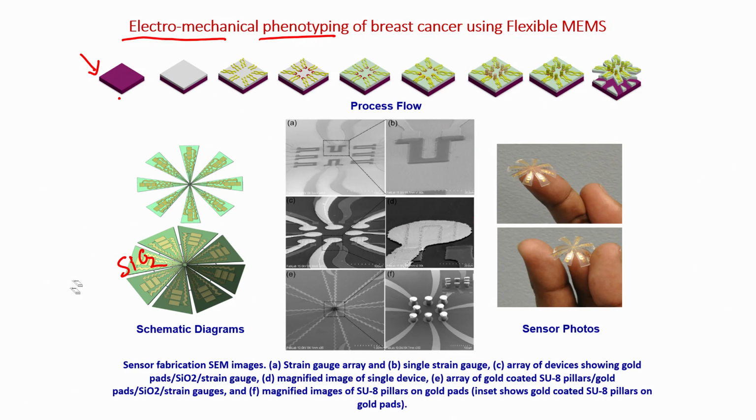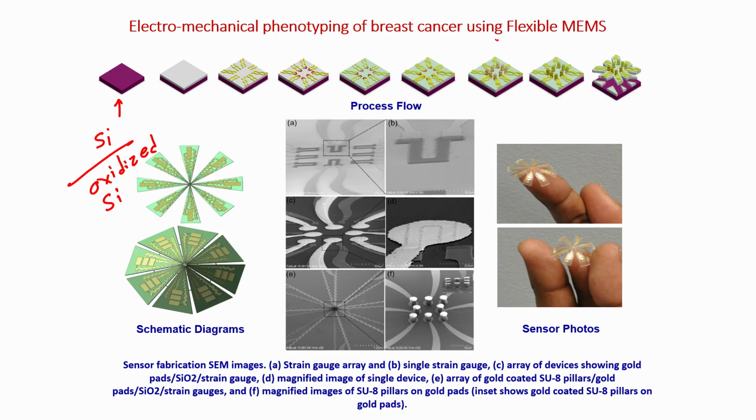Okay. So, let us see once again, so that we are sure that both of us, you and me, are on the same page. So, what we do? We start with oxidized silicon.